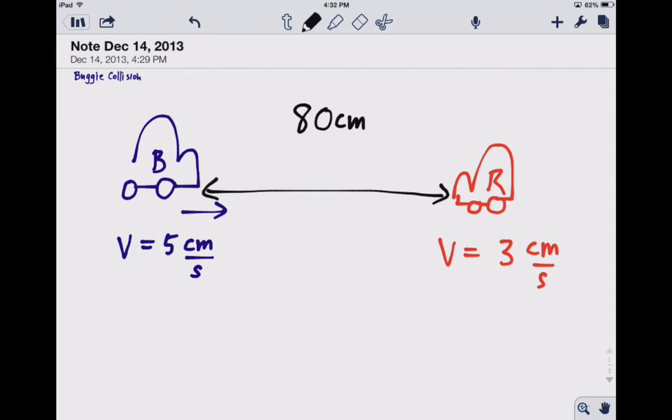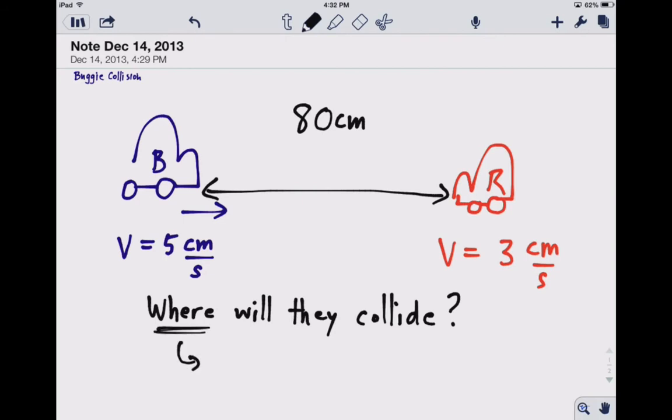And so the question we dealt with in class was, where will they collide? So where is a location question, a position question. In order to solve this problem, I am going to first find the time.